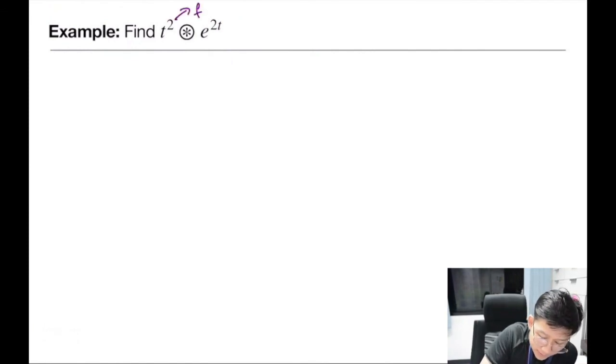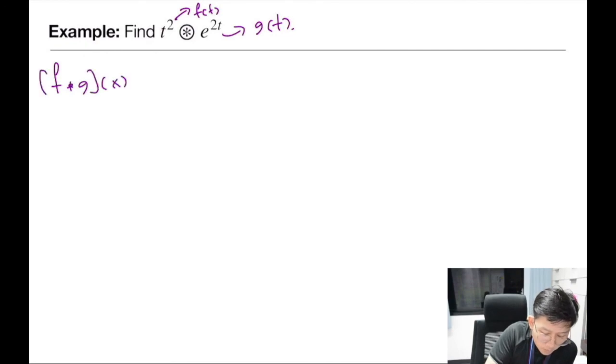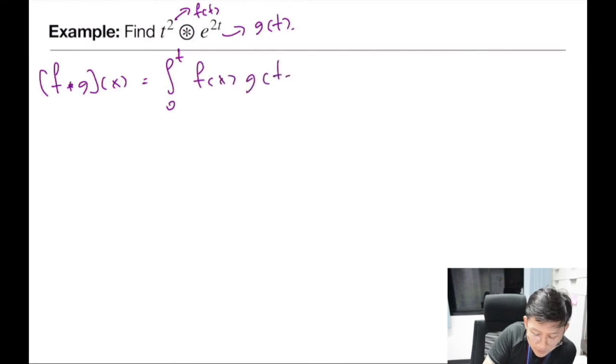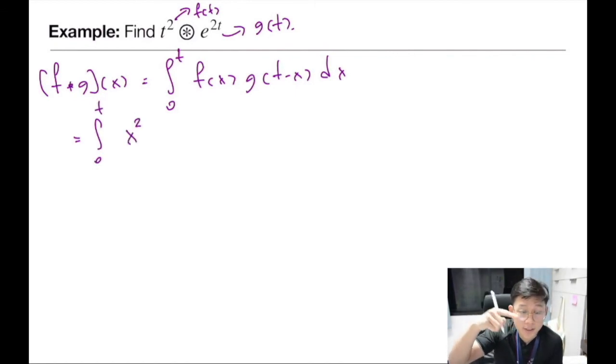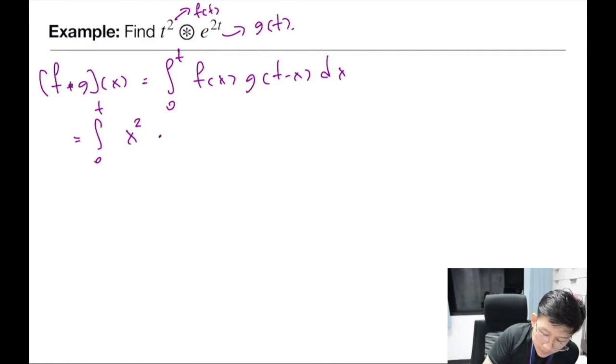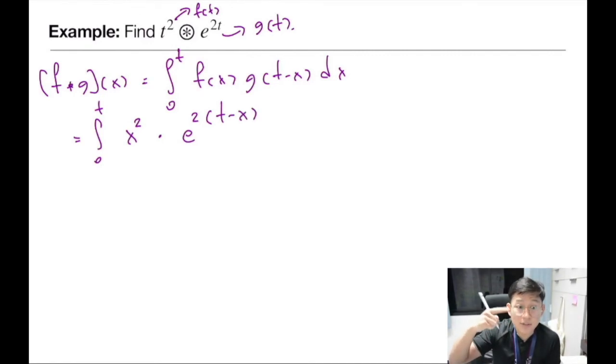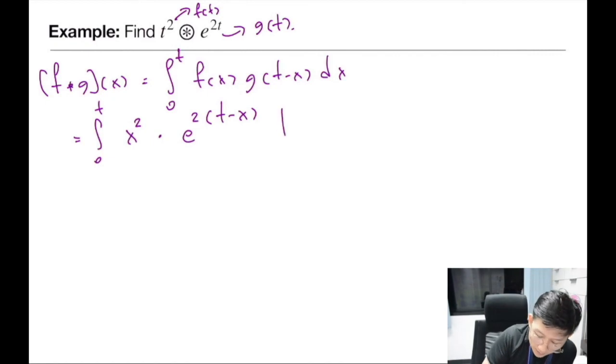So I look at this as f(t), this as g(t). The convolution of f and g would be the integral from 0 to t of f(x) g(t minus x) dx, and that would be the integral from 0 to t, f(x) would be x squared, right? f(t) is t squared, f(x) is x squared, times e to the 2(t minus x), right? g(t) is e to the 2t, so g(t minus x) is e to the 2(t minus x), dx.